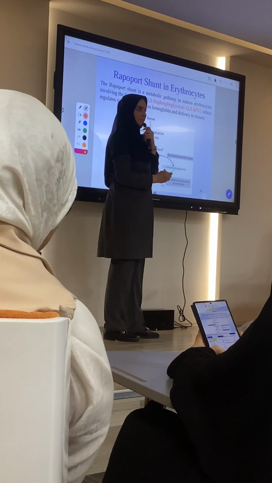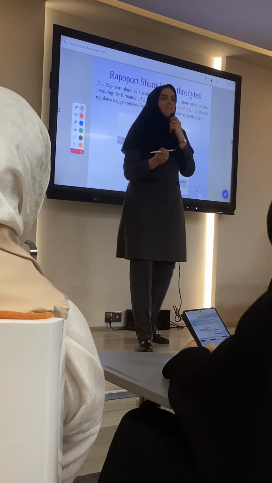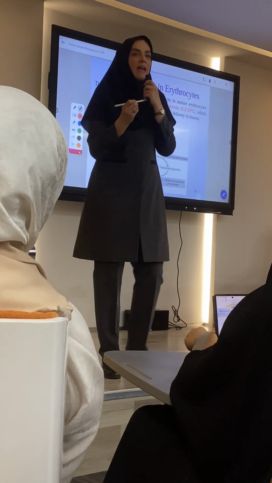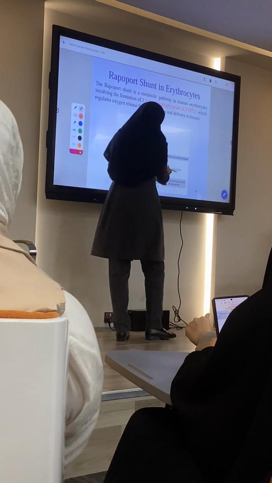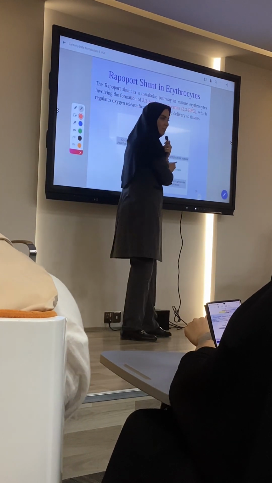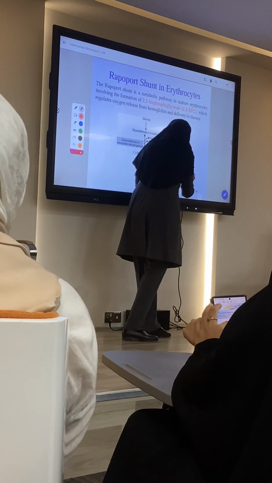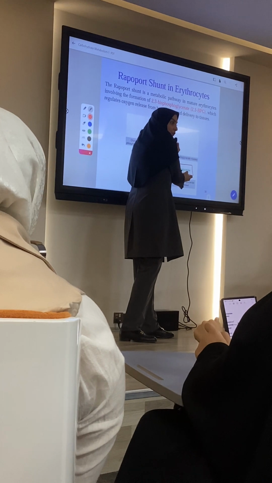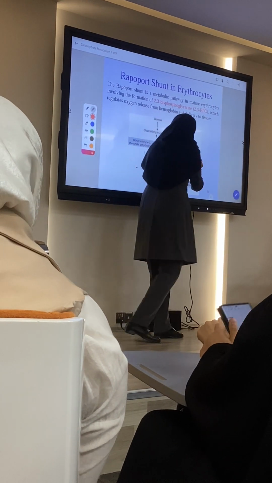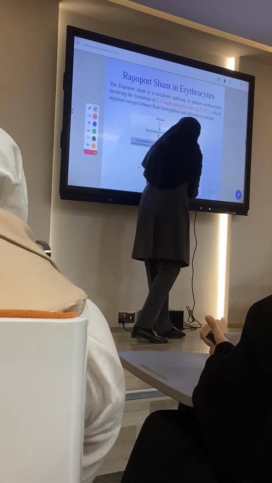Please pay attention. As I mentioned, whenever you have 2,3-bisphosphoglycerate, what is the charge of this molecule? What do you think? 2,3-bisphosphoglycerate. Negative. It's full of negative charge.